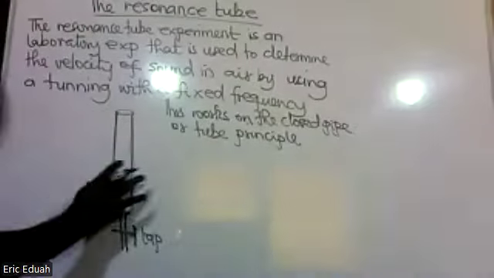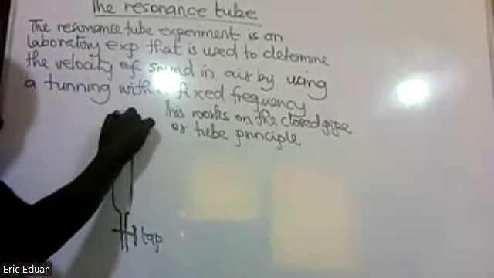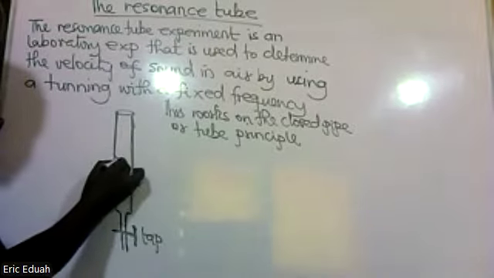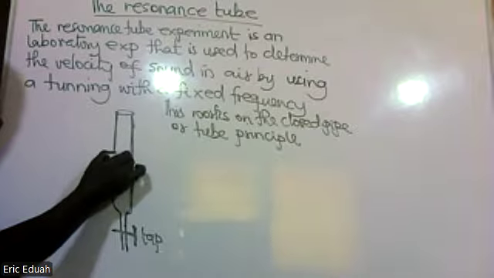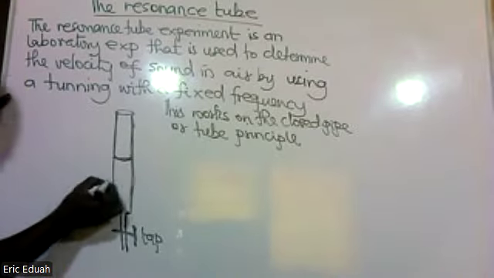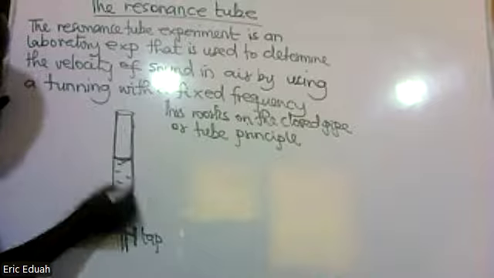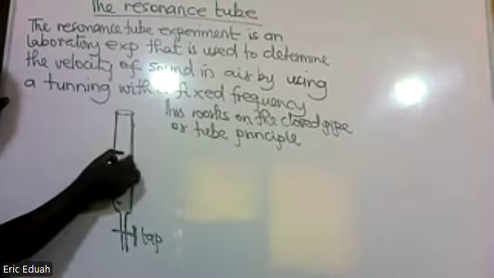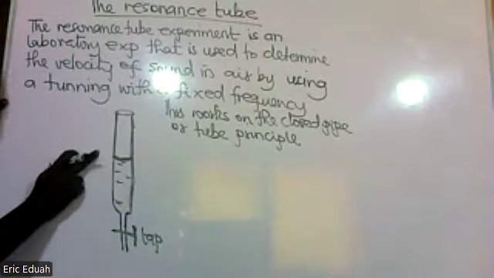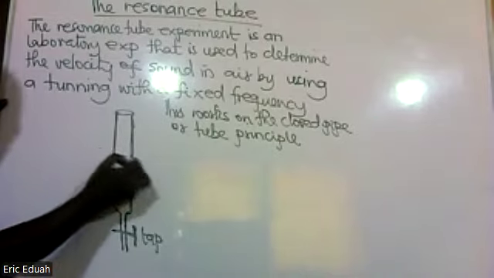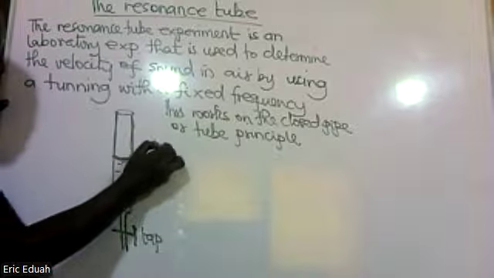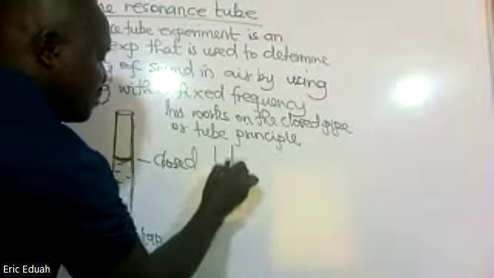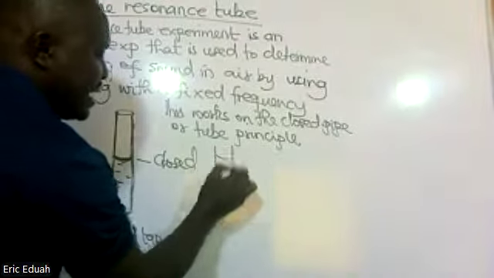So the burette is filled with water to a certain level. Now the water makes one end of the tube closed. So once this is filled with water, this end is closed, behaving like when you have a pipe or tube and one end is closed.